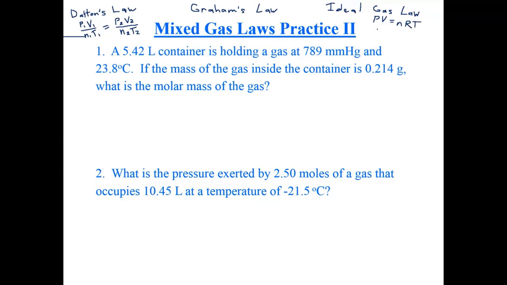If you have one set of conditions, you use the ideal gas law. If you have two sets of conditions, you use the combined gas law. In other words, do you have two temperatures, two pressures, two volumes? Or do you only have one temperature, one pressure, one volume?